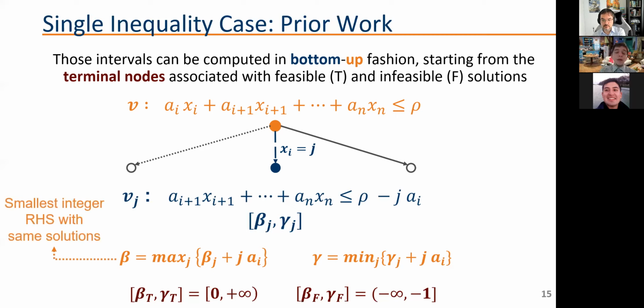Now, what's interesting and important for us here is the meaning of these 2 values that we're calculating. Beta here is going to be the smallest integer right-hand side value that will have the same solutions on that linear inequality on the binary variables. And gamma, as calculated here, is the largest integer right-hand side with the same solutions.